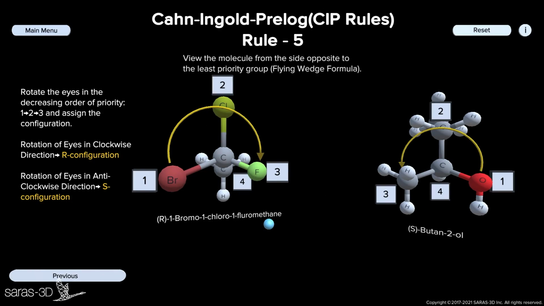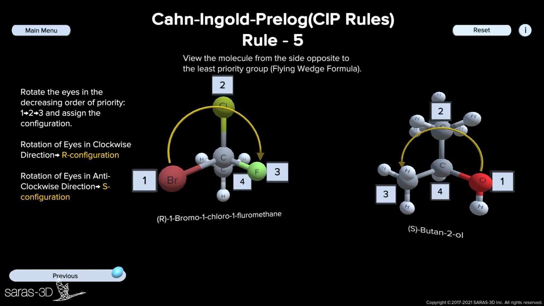After that, we have to rotate our eyes in the decreasing order of priority, that is 1, 2 and 3. If our eye rotates in a clockwise direction, assign the configuration R, and if the eye rotates in an anti-clockwise direction, assign the configuration S. These were the CIP rules that are used to assign the R and S configuration.